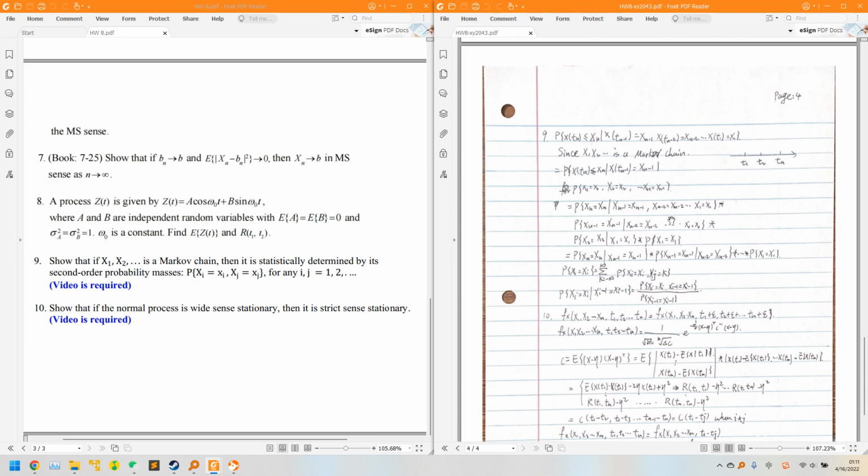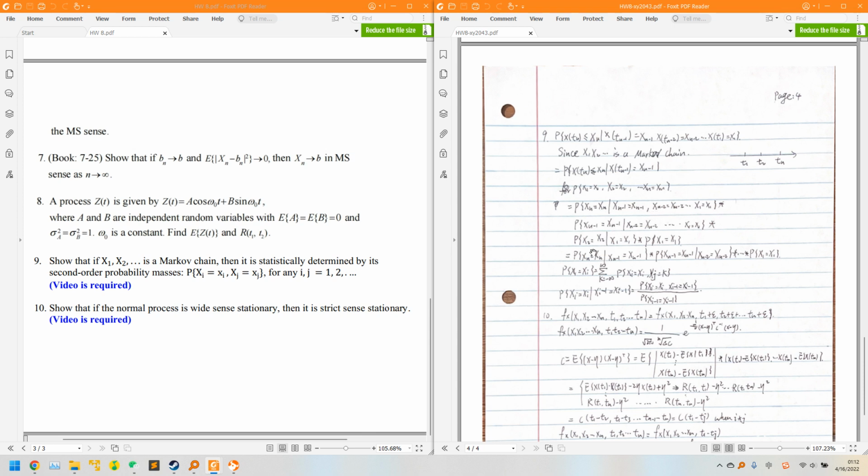So we can see that in the first part, only Xn-1 is related to the probability, and all the rest, which is Xn-2 to X1, doesn't affect the result.